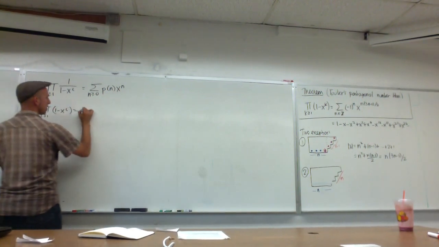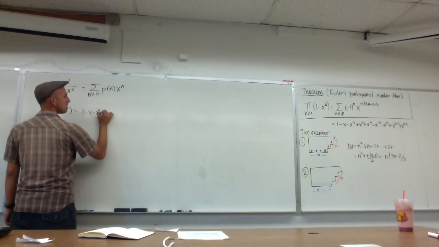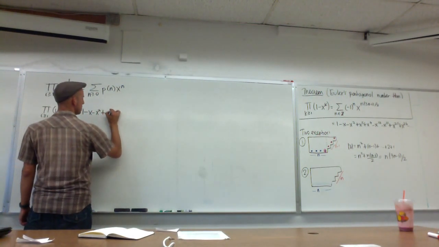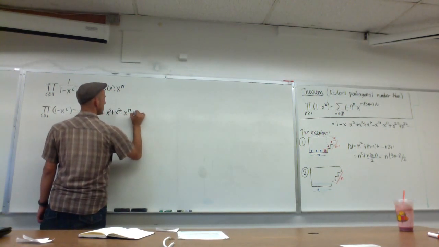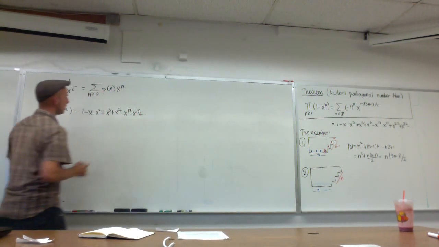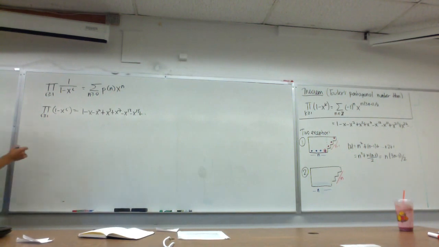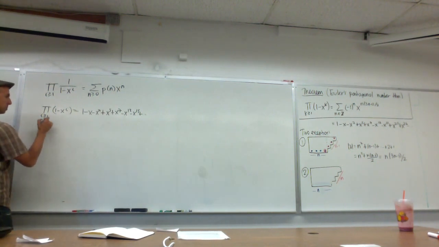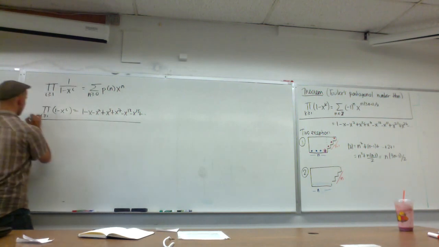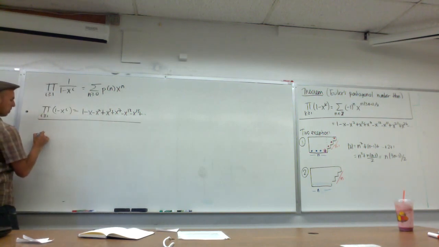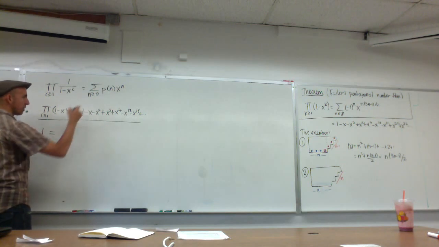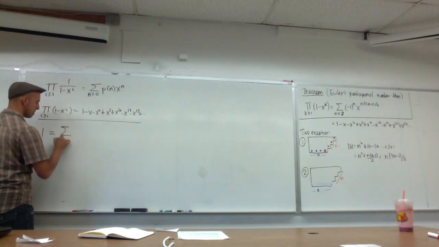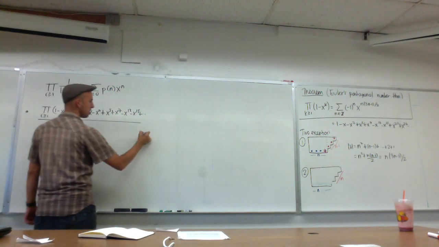I get this. So let's multiply them. Here I get 1, and here, what's the coefficient of x to the n?